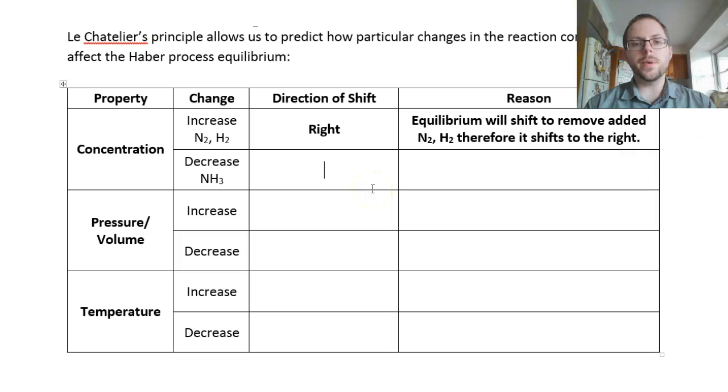Now, rather than increasing the reactants, what happens if we decrease the products? In industry, this happens by taking the ammonia gas and cooling it down enough so that it becomes a liquid, and so it actually condenses out of the system. What we see in that situation is the same shift, that it shifts to the right.